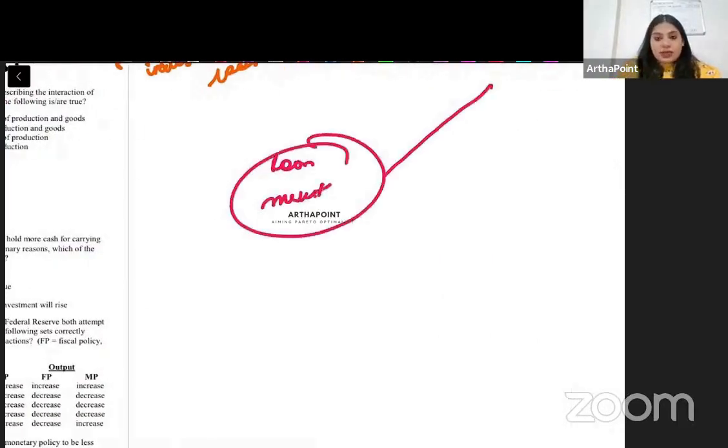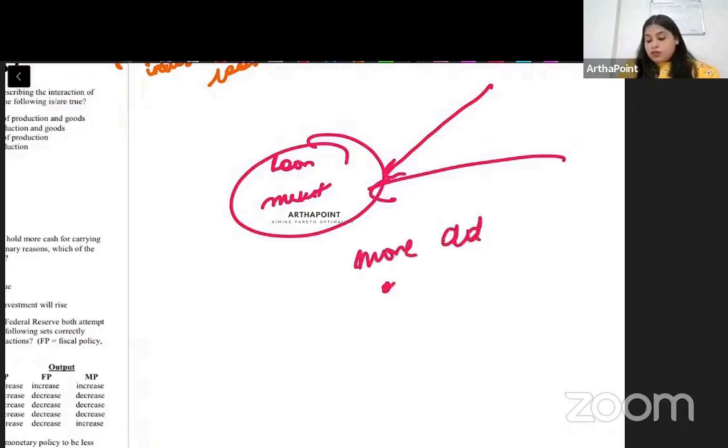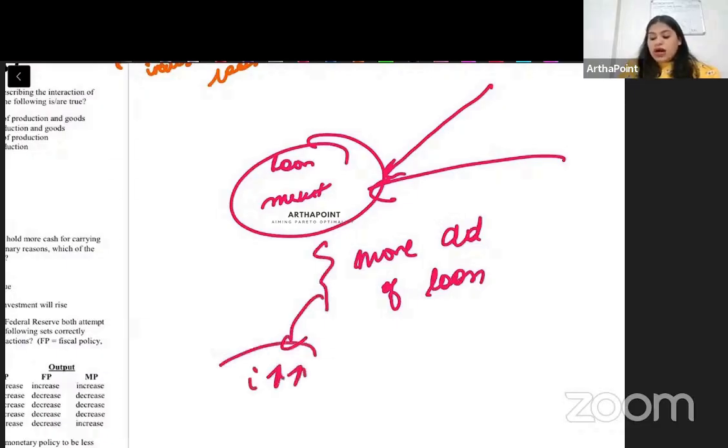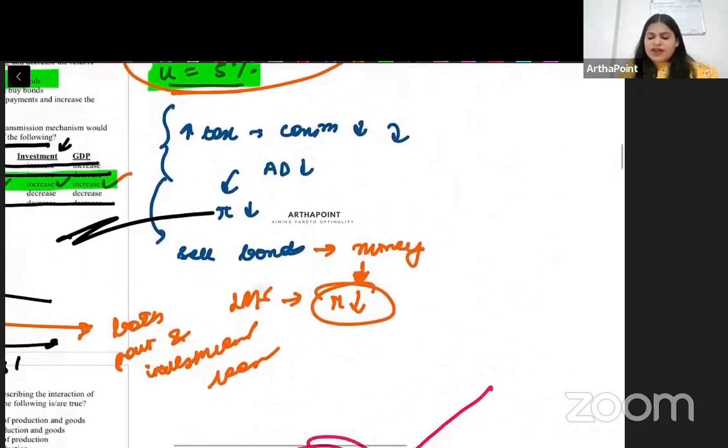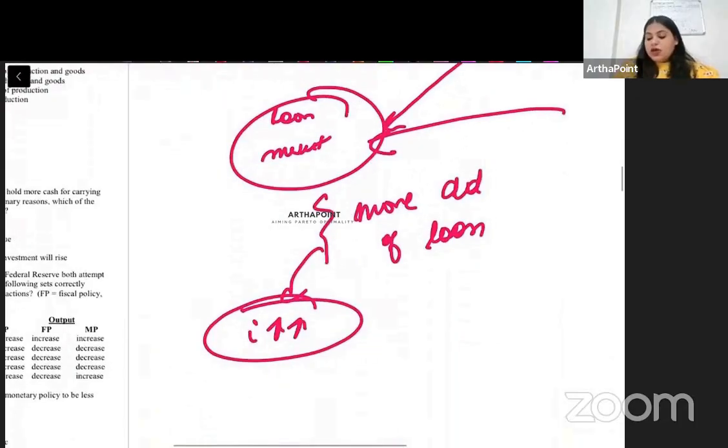Understand this, you have a loan market. When government comes to take loans, there is more demand for loans. So the interest rate in the economy will shoot up. That's what I was saying above, but there G wasn't given.